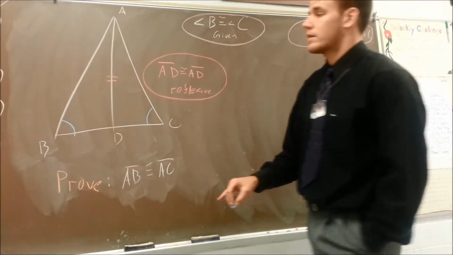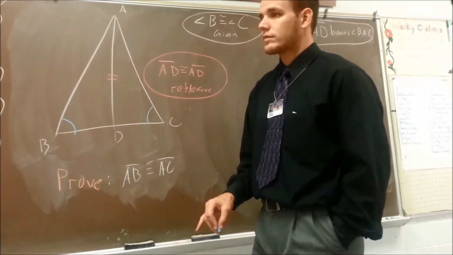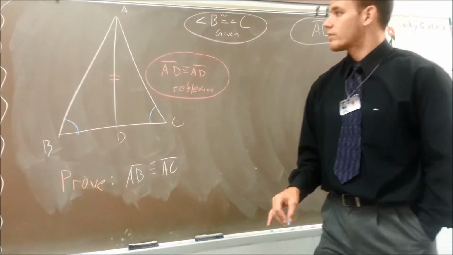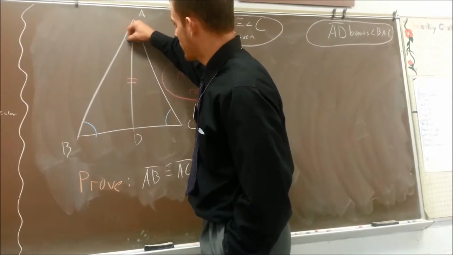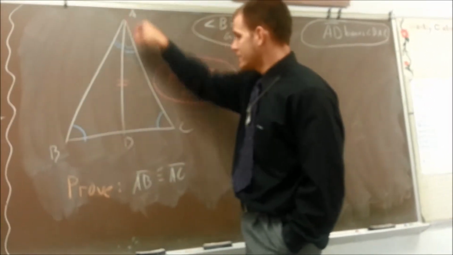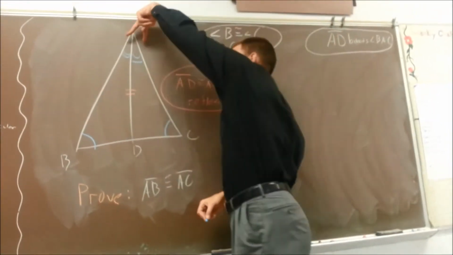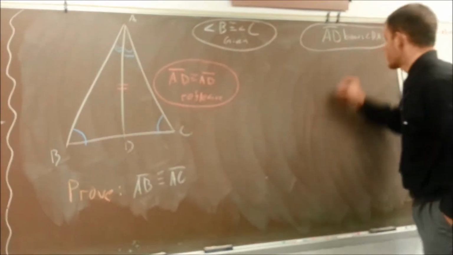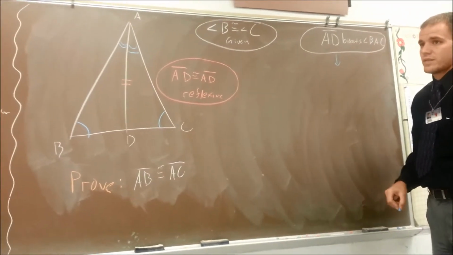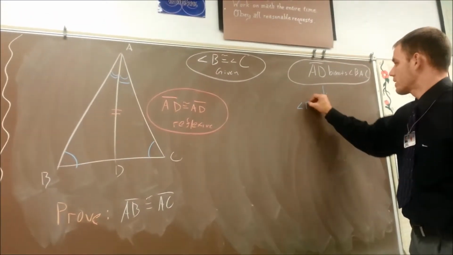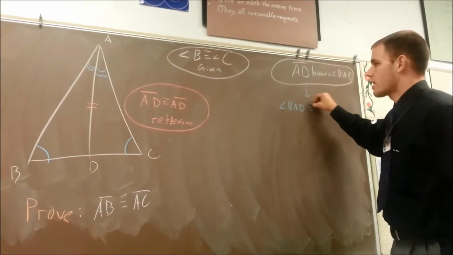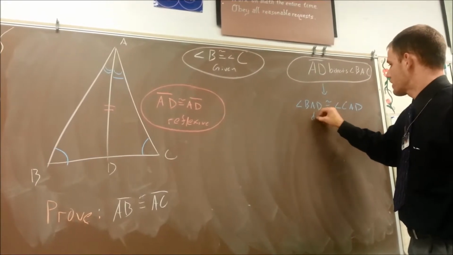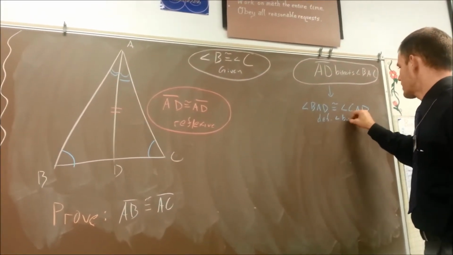BAC is being bisected, so we got the angle bisector right there. So what angles would be congruent, sir? Angle BAD and angle CAD. Awesome. Definition of angle bisector.